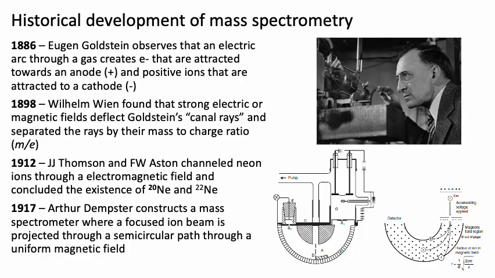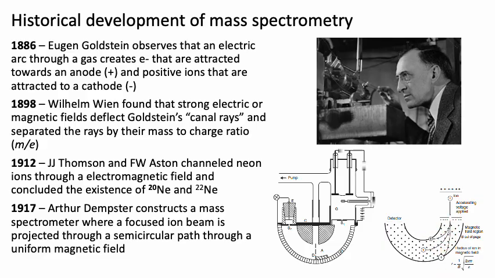The next real development was in 1917 by Arthur Dempster. He was a Canadian-American scientist. He constructed the first mass spectrometer with this kind of geometry, where we have this U shape, a circular geometry. And what he did is he put a focused ion beam into this half circle, and it's under a magnetic field.